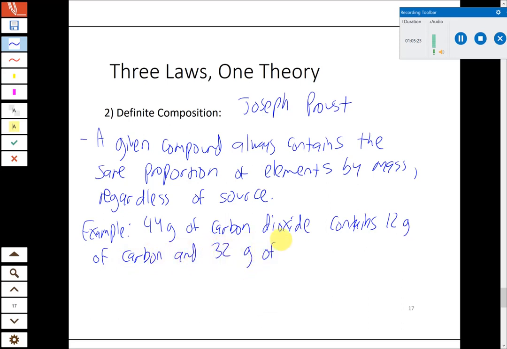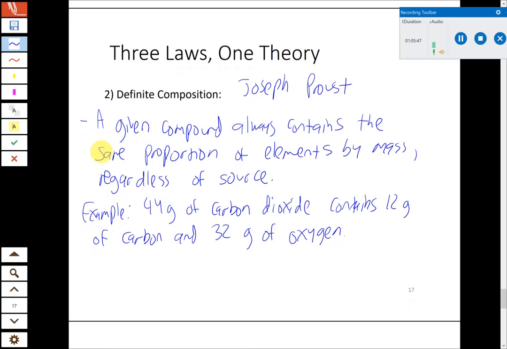You'll also notice that the law of conservation of mass plays into this, because 32 grams of oxygen plus 12 grams of carbon totals 44. So whenever you combine elements to make a compound, the sum of the element masses also has to equal the total mass of the compound. That also follows from the law of conservation of mass.